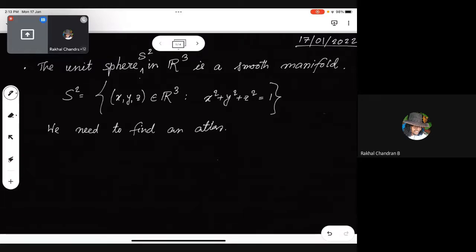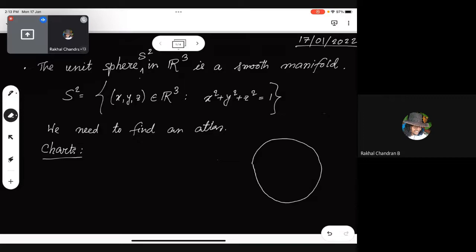So an atlas consists of a collection of charts, each of which is an open set and a map, right? So what are charts? Let me try to draw it. It's pretty bad.